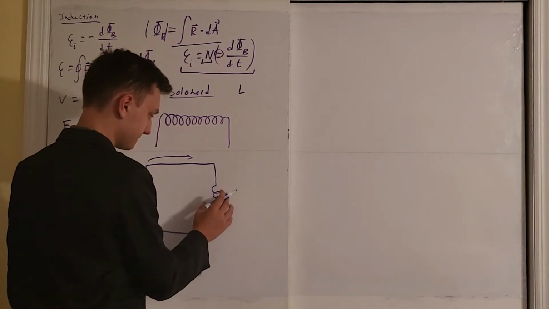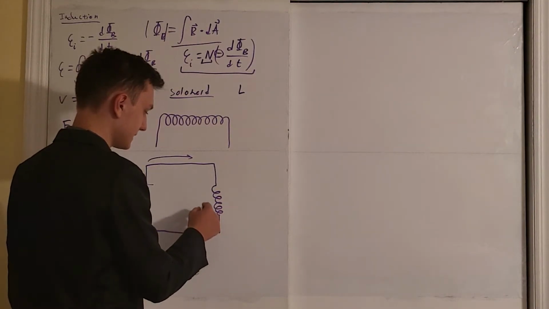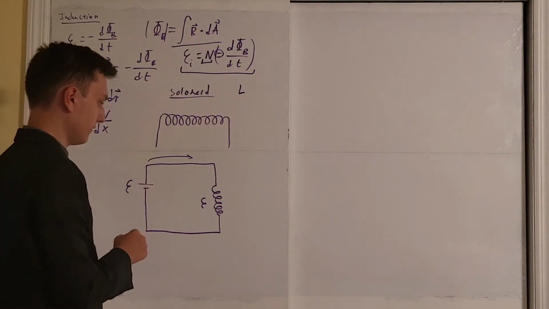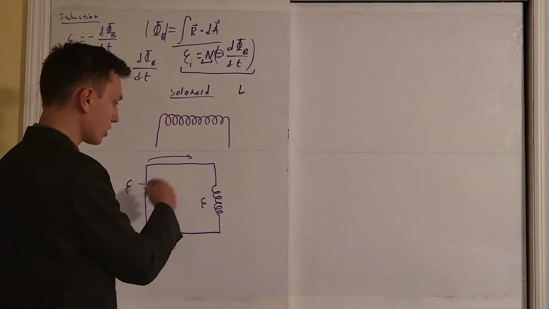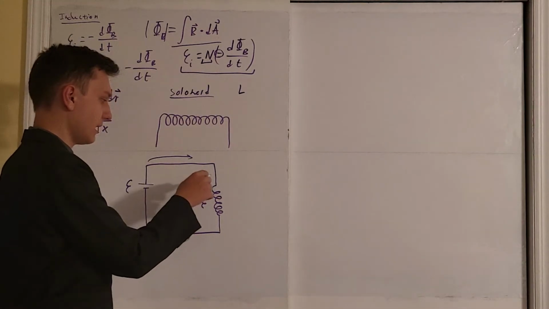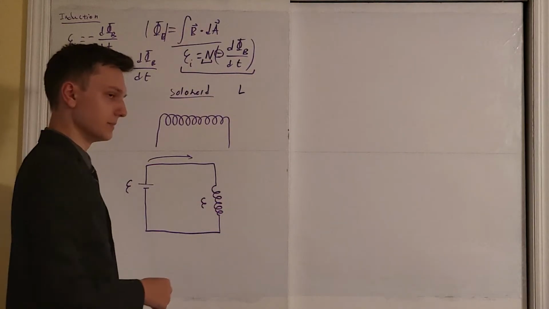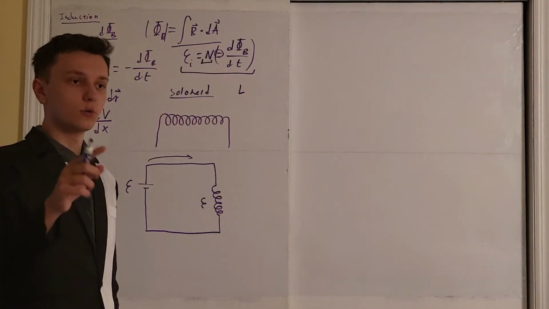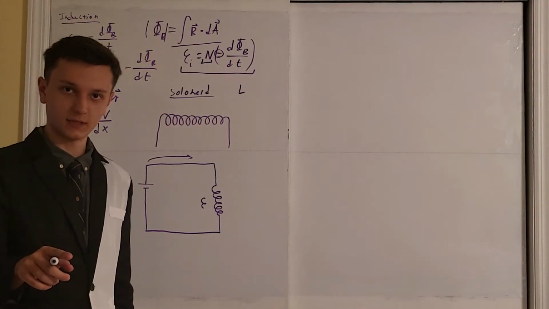The inductor is going to create an EMF that is exactly equivalent to the EMF of the battery, such that no current is going to flow through the circuit and no magnetic field ends up being created. Now, it's important to recognize that this only happens on a very small time scale, okay?